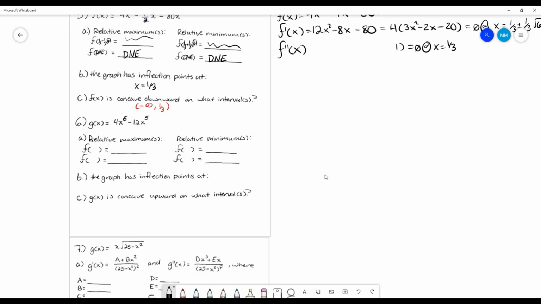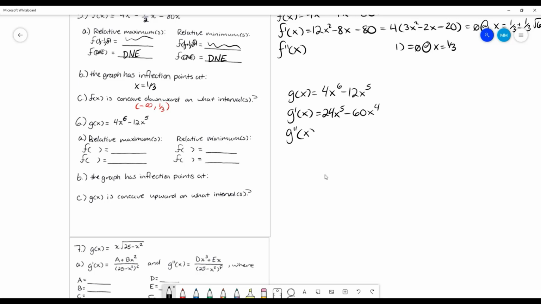Okay. So now g of x equals 4x to the 6th minus 12x to the 5th. Take that first derivative, get 24x to the 5th minus 60x to the 4th.